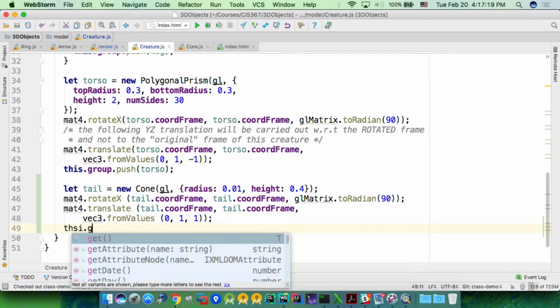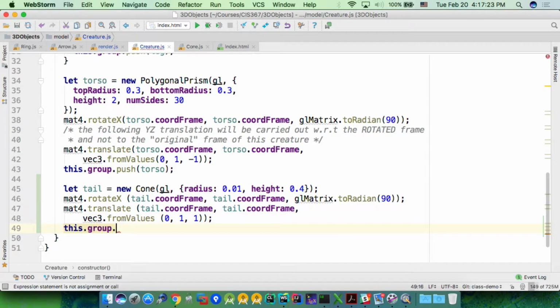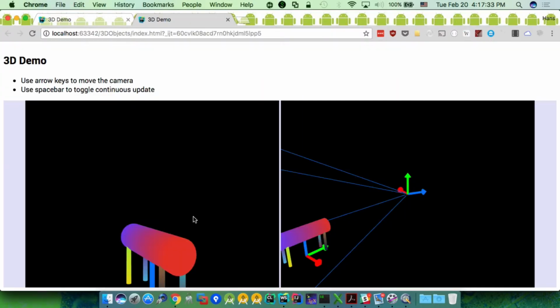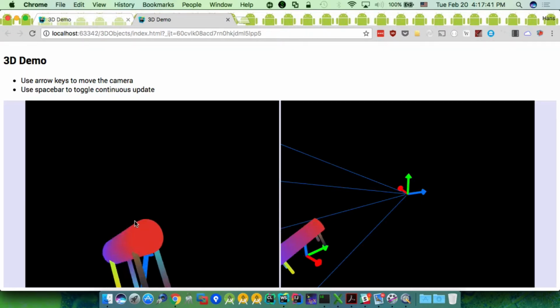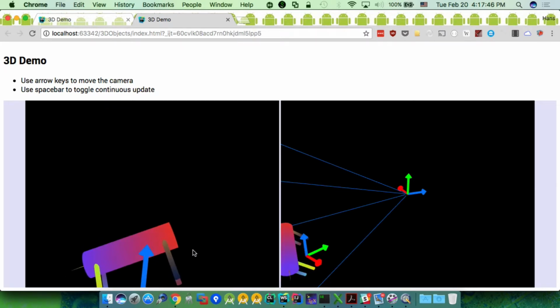And then add, push the tail to the rest of the group. And let's see the update. Is the tail there? Do we have it rotated inside its body? Yeah, oh, the tail is there. It's sticking out. Very thin.